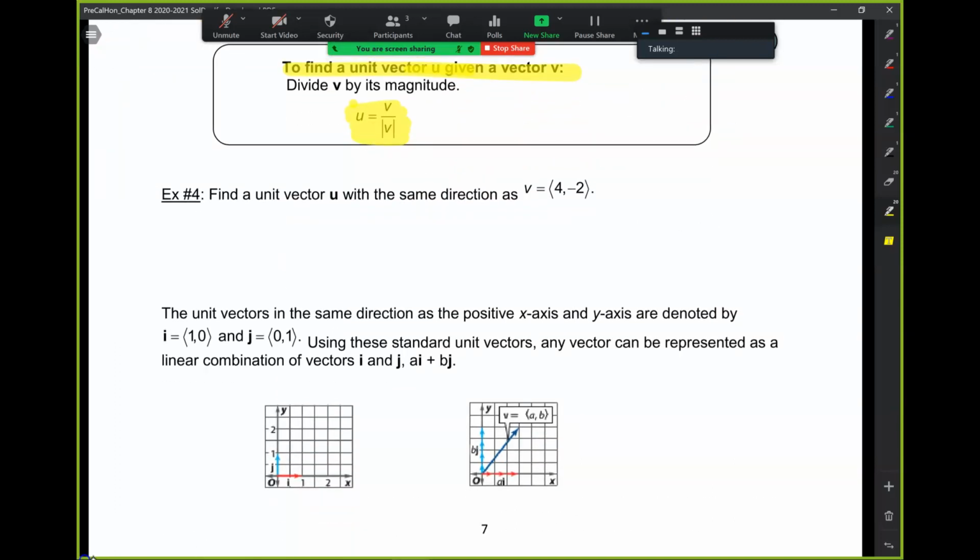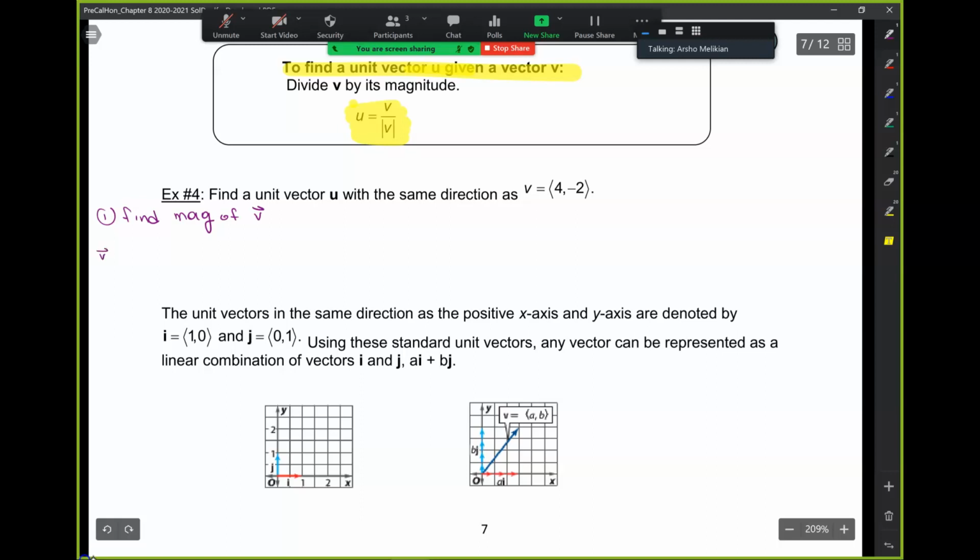Okay, so take a look here for a minute. Find a unit vector u with the same direction as v. So first, find the magnitude of vector v.